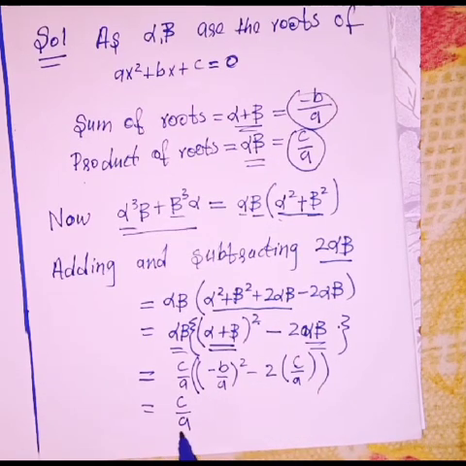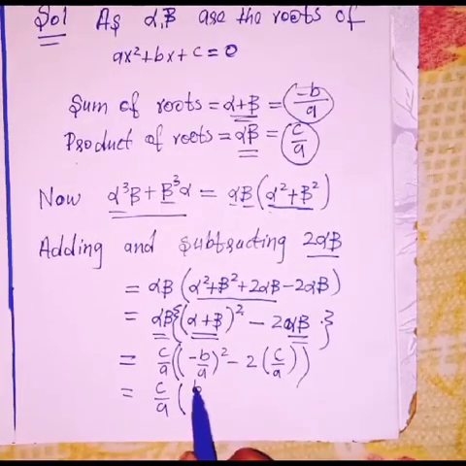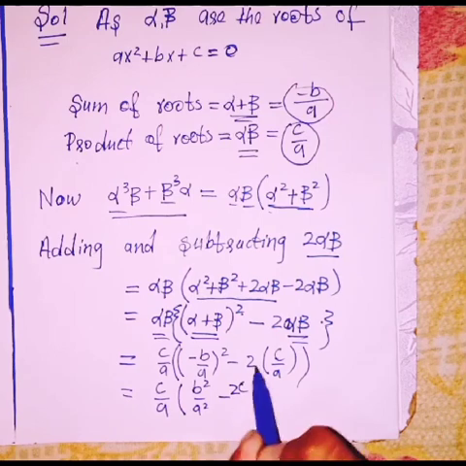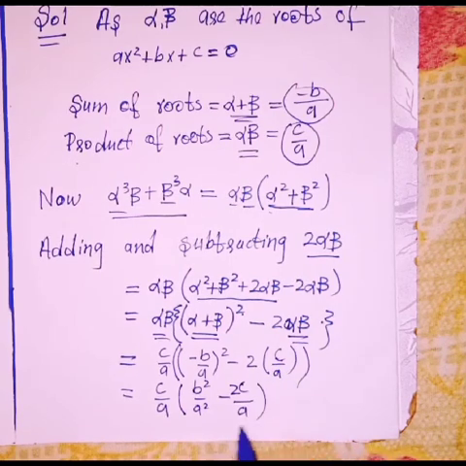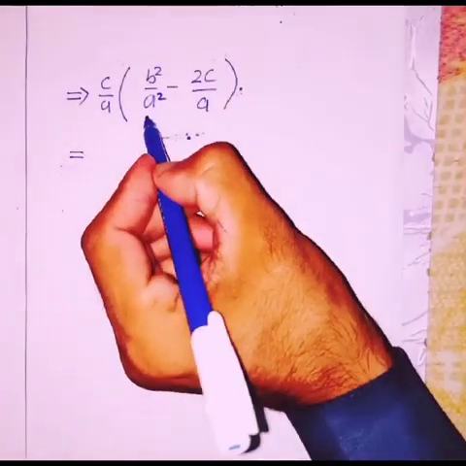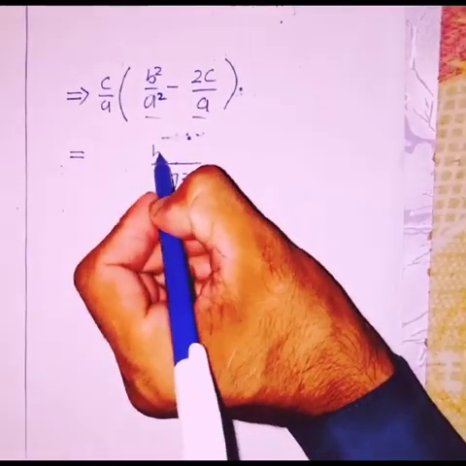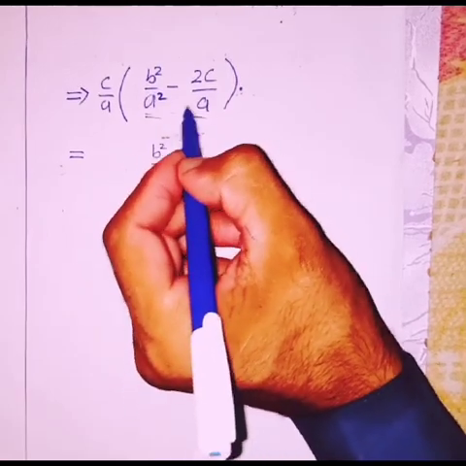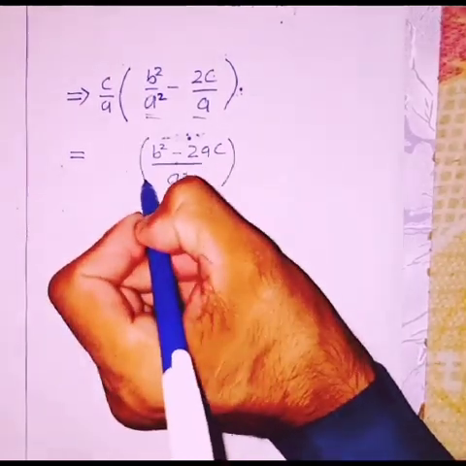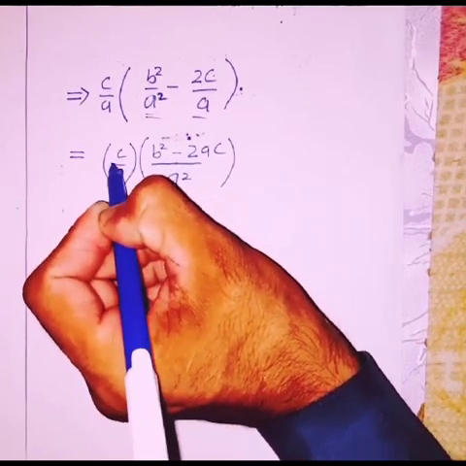Now we get c divided by a into b square divided by a square minus 2 into c is equal to 2c divided by a. So now if we take the LCM of a square, we can write a square b square minus 2ac, and here we can write c divided by a.